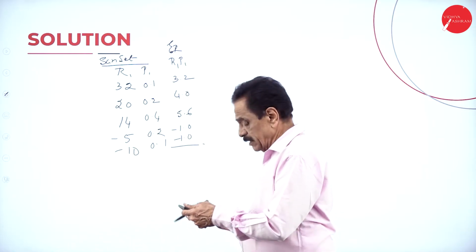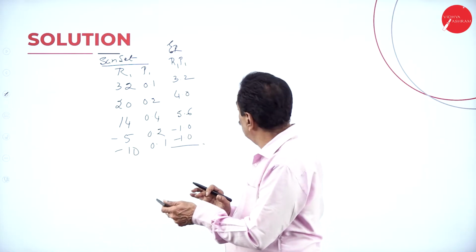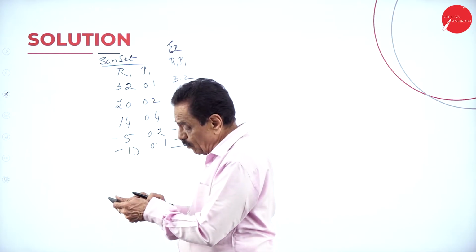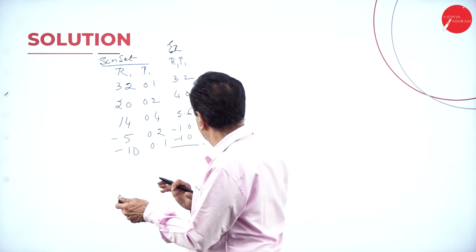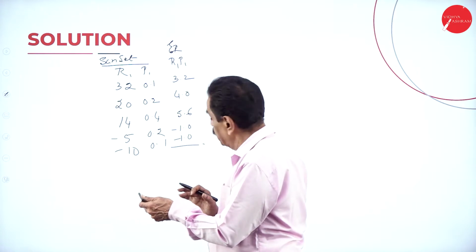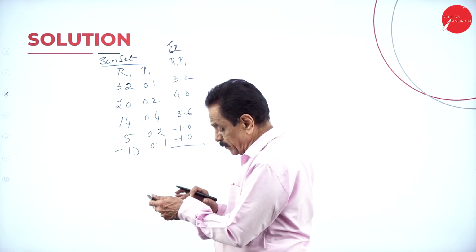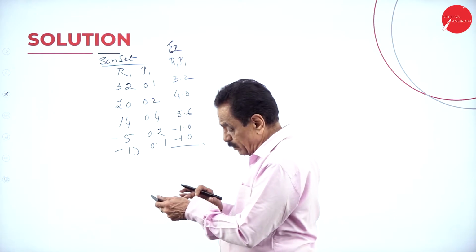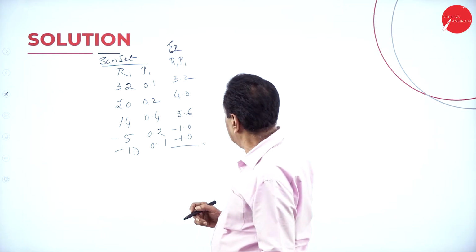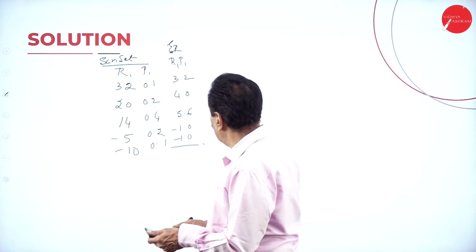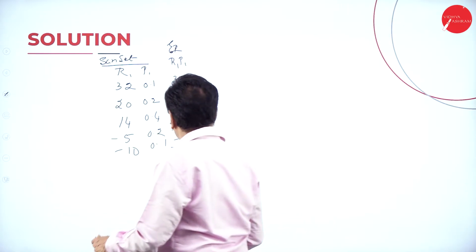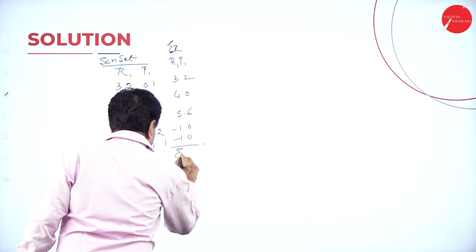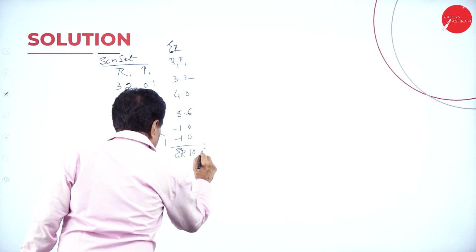Add the figure. 3.2 plus 4 plus 5.6 minus 1 minus 1, 10.8. So expected return is 10.8.